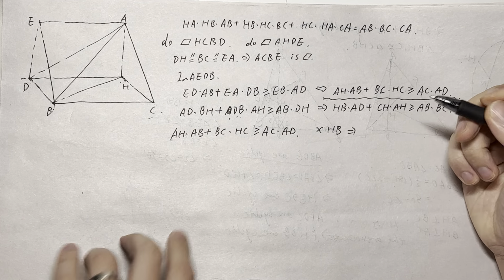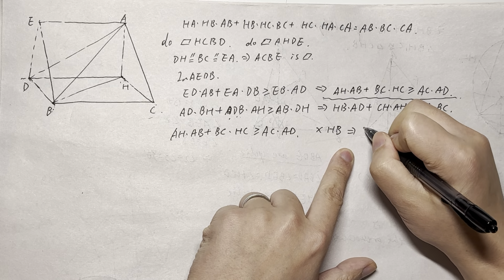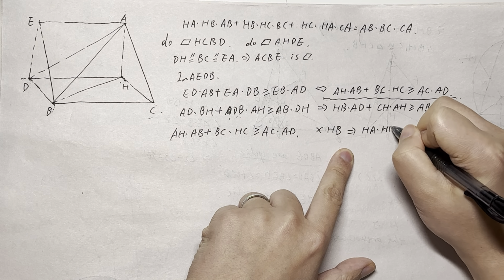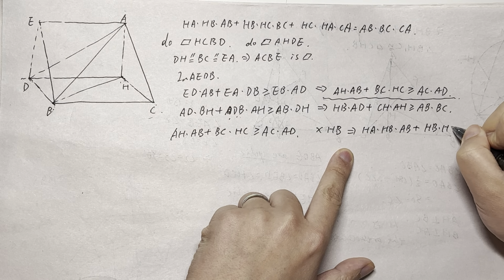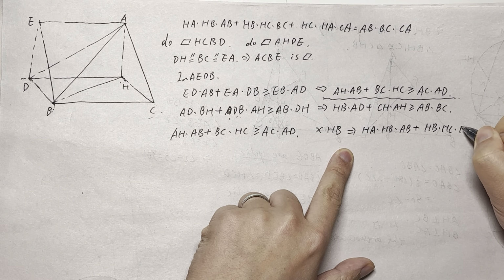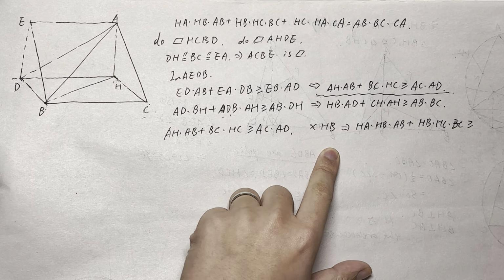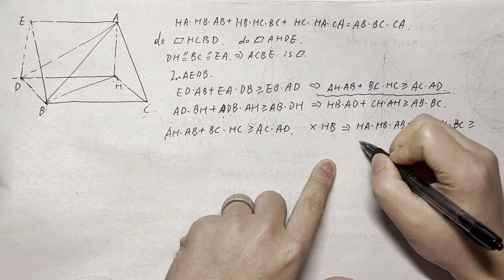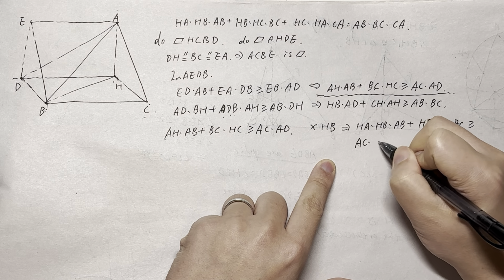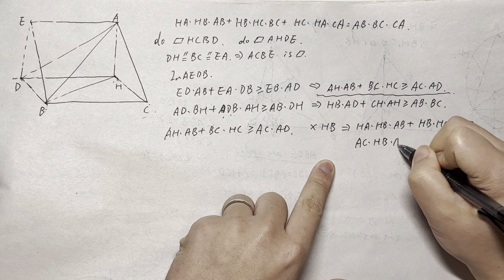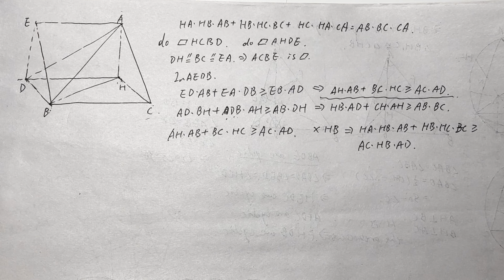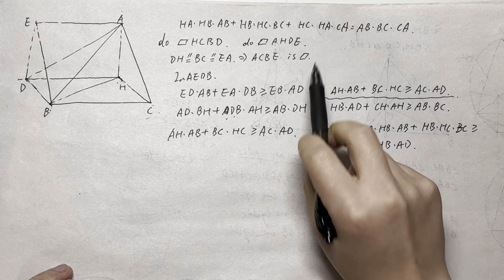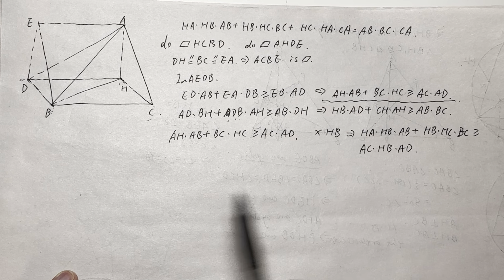Then we have HA times HB times AB plus HB times HC times BC larger or equal to, I'll just write it here, AC times HB times AD, right? And then we can put the third term into it.